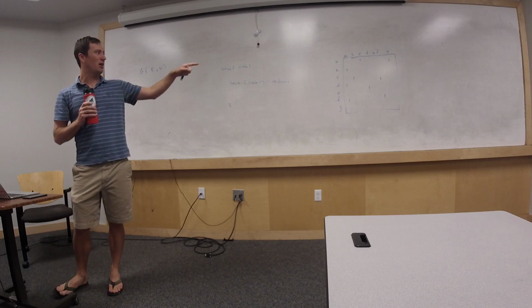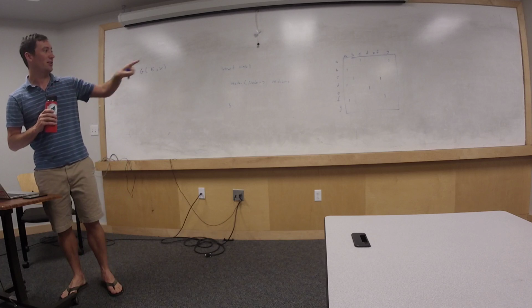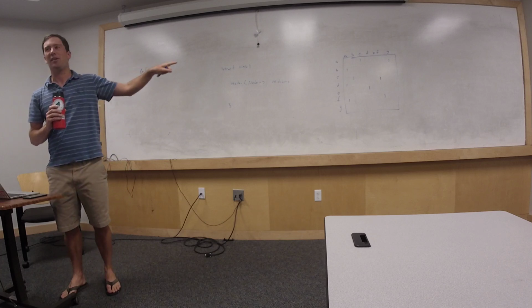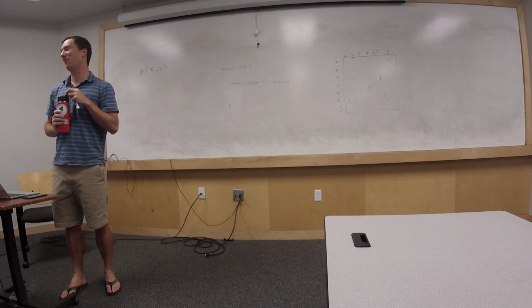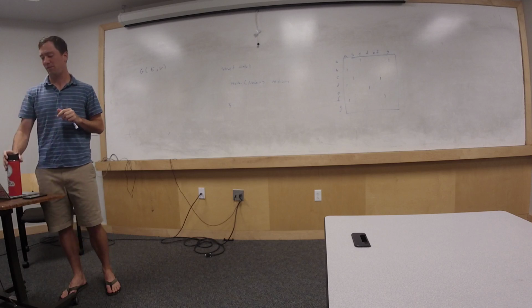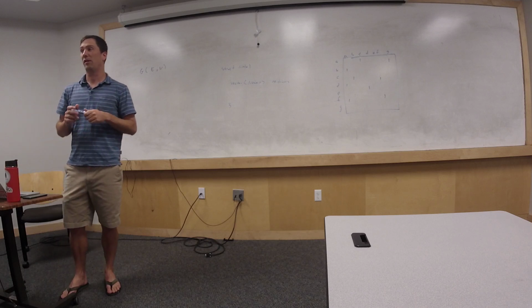So as I've drawn it here, so maybe your first question, is the adjacency matrix that I put in here for an undirected graph? So how could you tell?